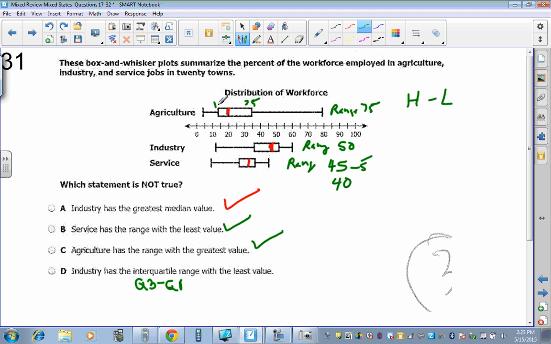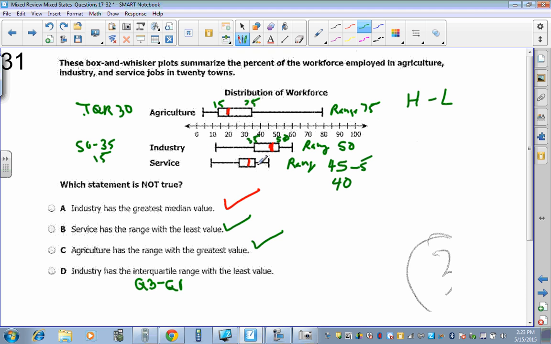Quartile 1 was about 15, so the interquartile range here is about 30. On industry, the interquartile range is about 50, and then 35 is quartile 1. Its interquartile range would be 50 minus 35, or 15.